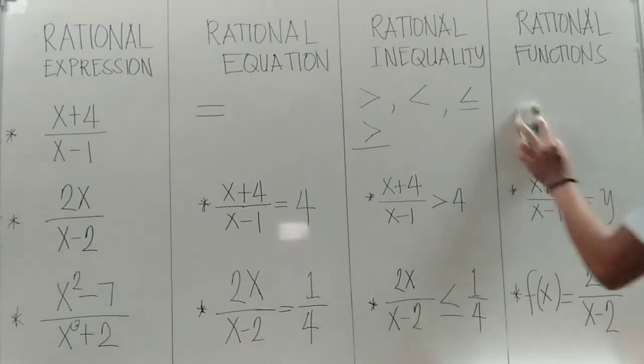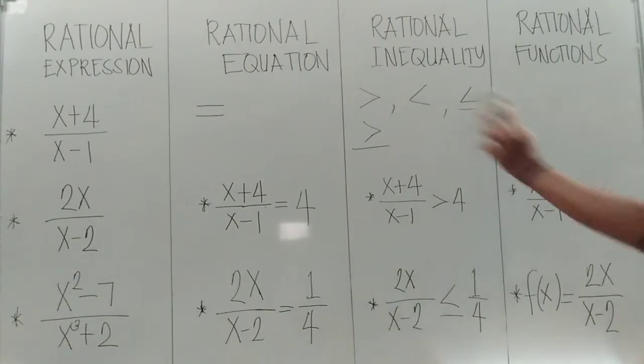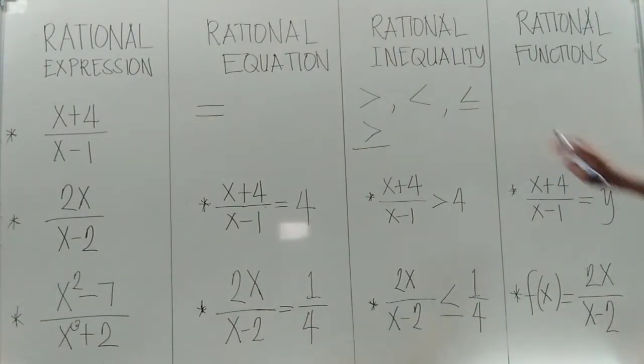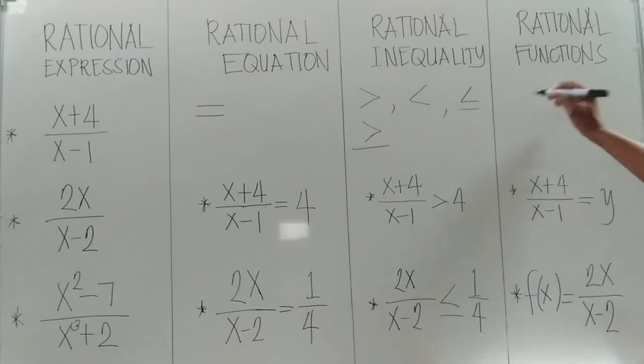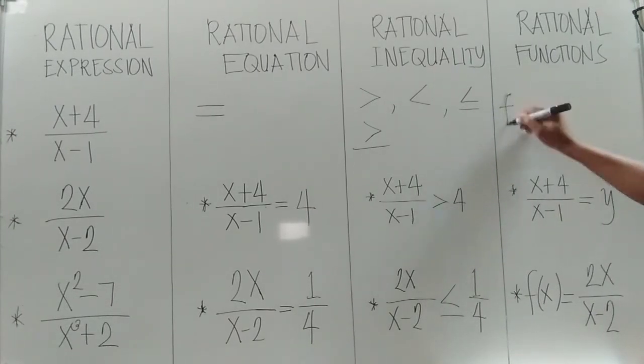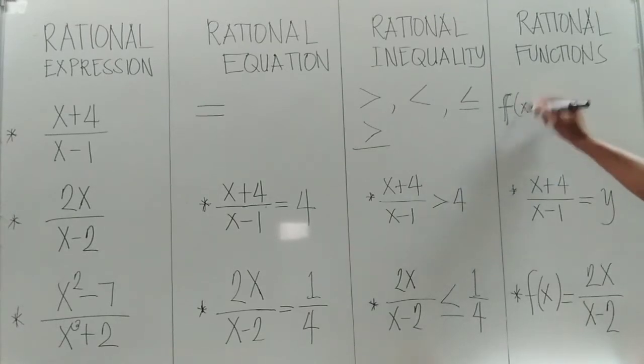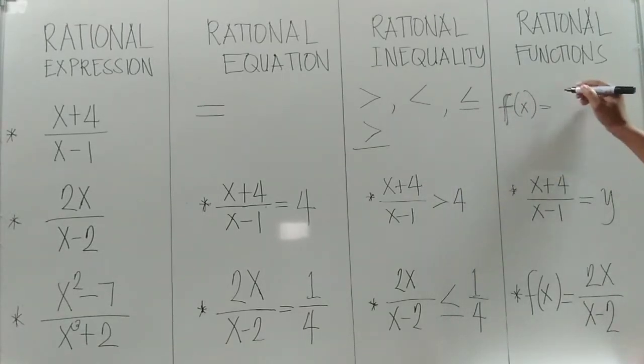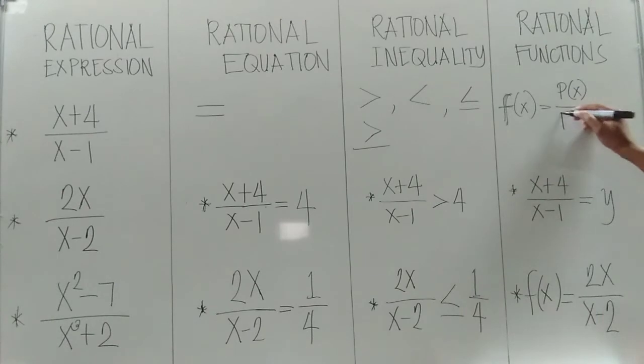Focusing on your rational functions, it is stated that a function is in the form of f of x equals, for example, you have your numerator denoted by p of x and you have your denominator as, for example, d of x.